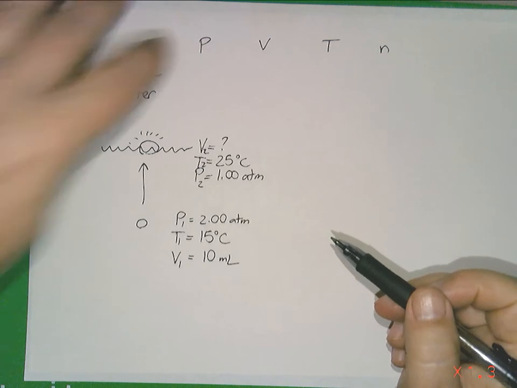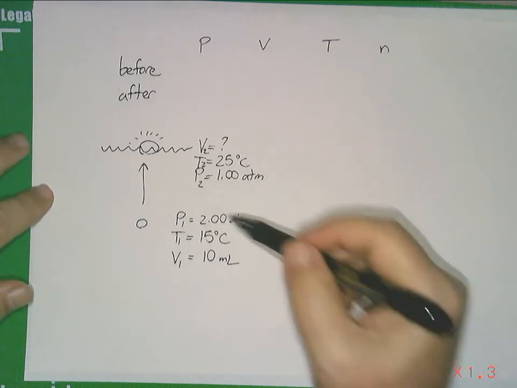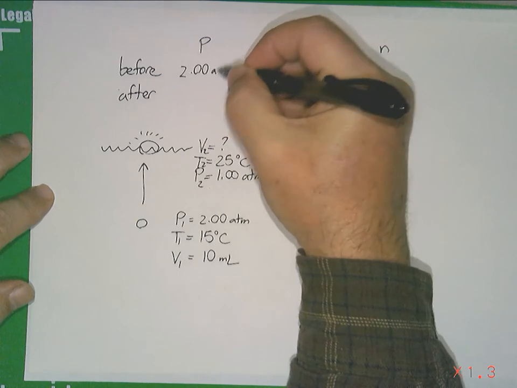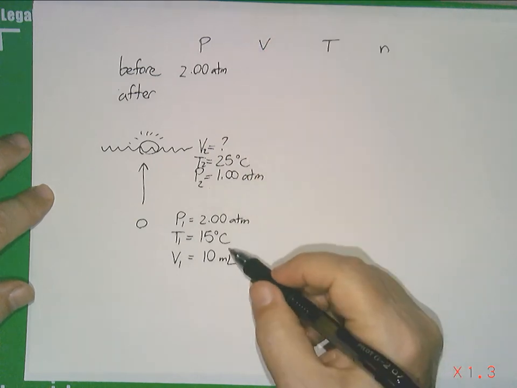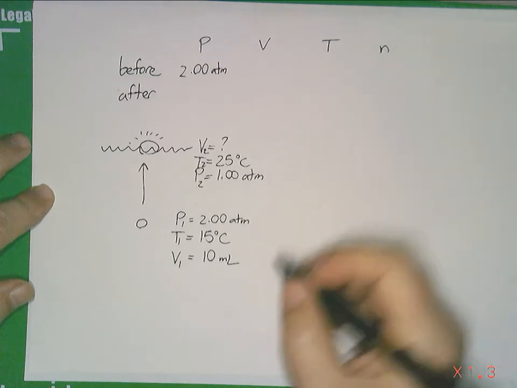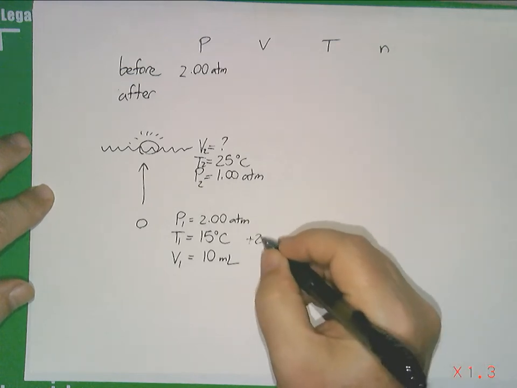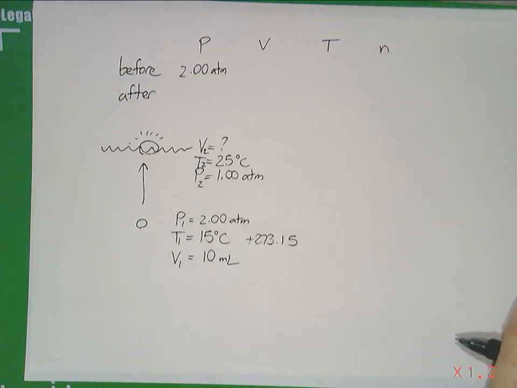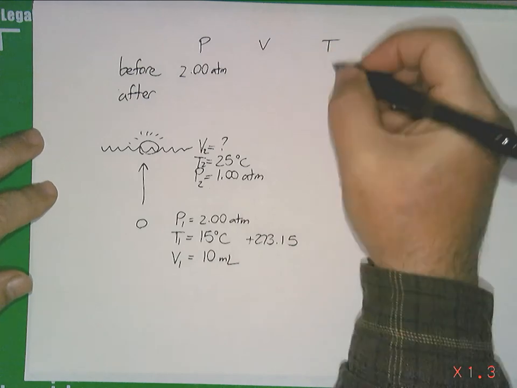Now I can put these things into my table. The pressure before was 2.00 atmospheres. And the temperature before is going to be, I'm going to put it in Kelvin, so it's going to be something like what? 288.15?